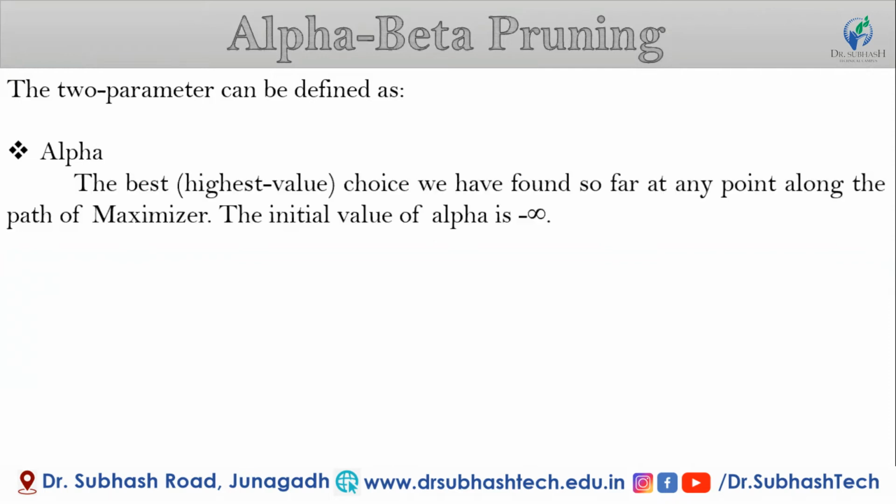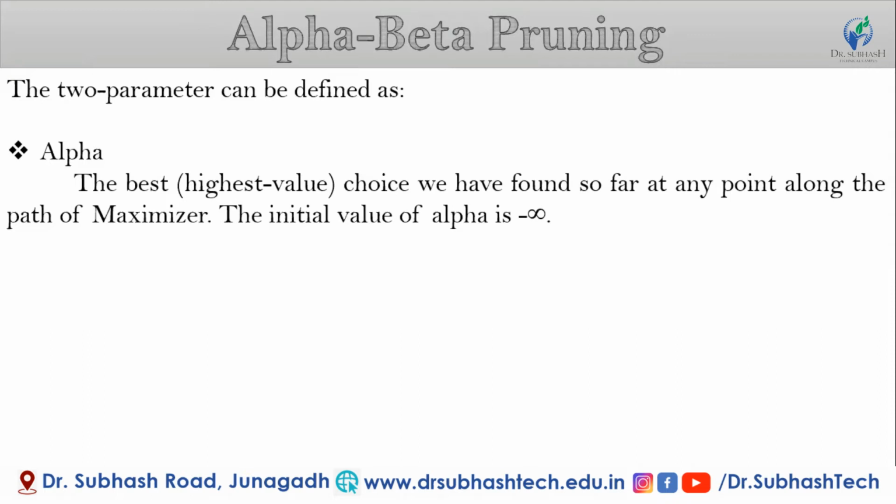Now, in alpha beta pruning, two parameters are defined. First is alpha, the best, or highest value choice we have found so far at any point along the path of the maximizer.